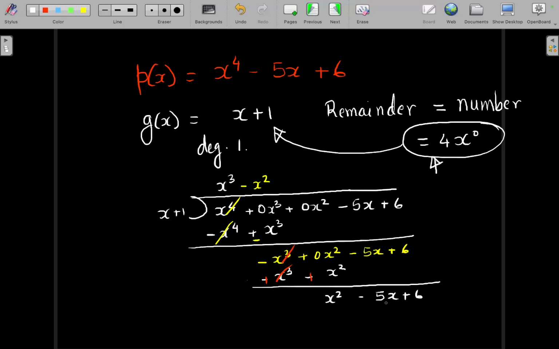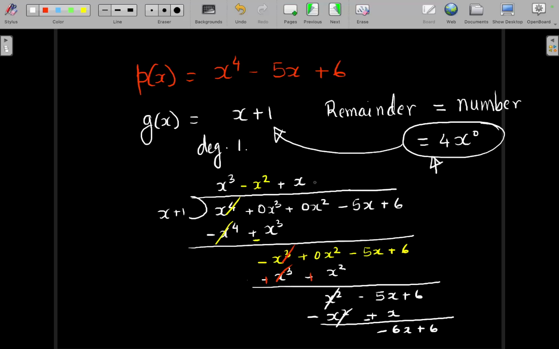This does not qualify as a remainder because only a polynomial of degree 0 will count as a remainder. So I continue, plus x, x square plus x, and now I'll put a minus, and I put a minus, and this is minus 6x plus 6, and this is still not qualifying as a remainder.